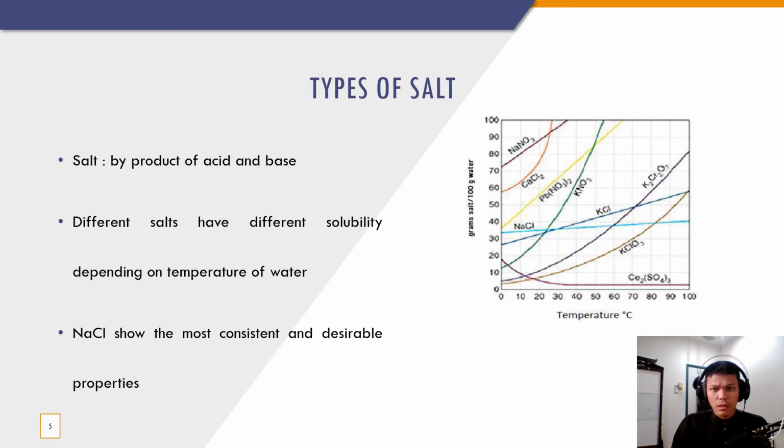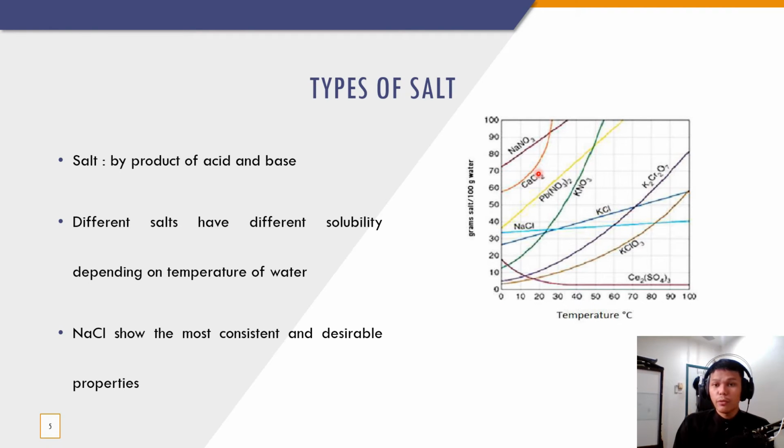Not all salts are water soluble, and the types of salt that do dissolve in water do not always have a steady property. By referring to this graph, it is shown that every type of salt listed here has different solubility with respect to water temperature.